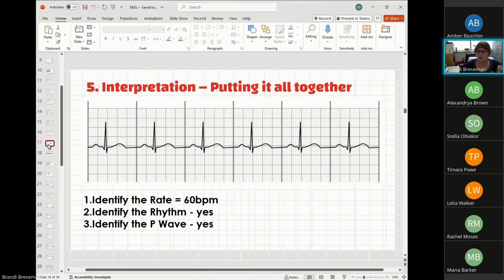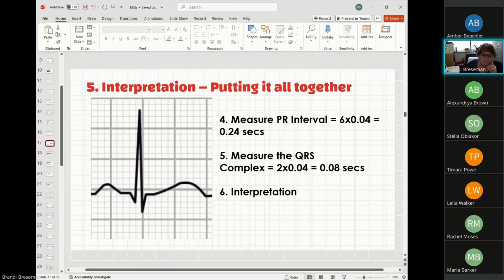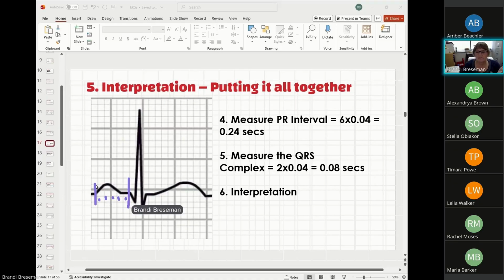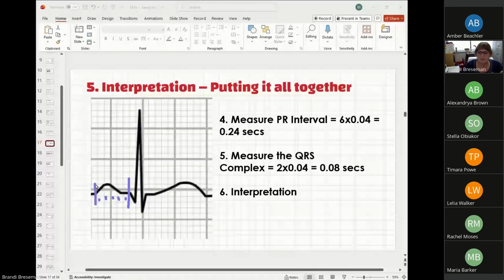Okay. So then now we're going to start doing our measurements. So we're going to measure our PR interval. And so our PR interval is going to start, remember, at the beginning of our P wave, and it ends at the very beginning of the Q wave. So I am going to count my boxes in between. I have 1 box here, 2 little boxes, 3 little boxes, 4 little boxes, 5 little boxes. They come up with 6, but they come up with 0.24.